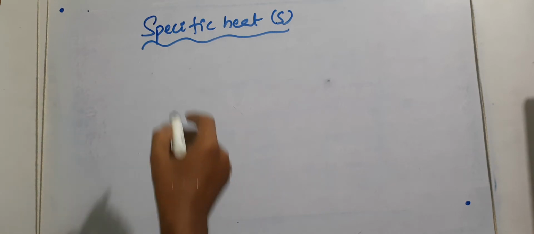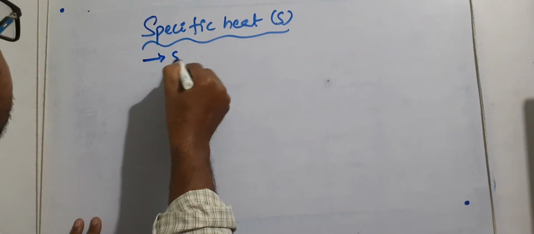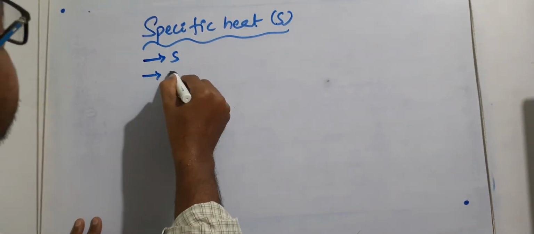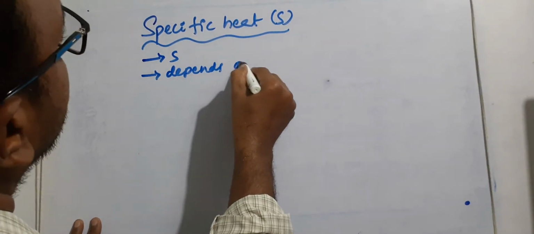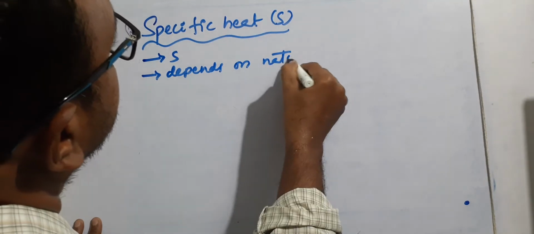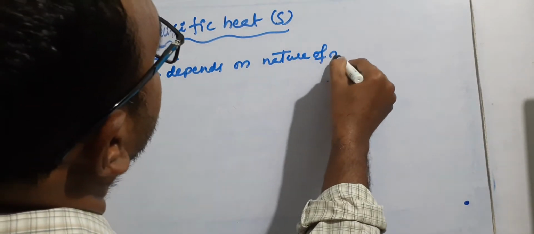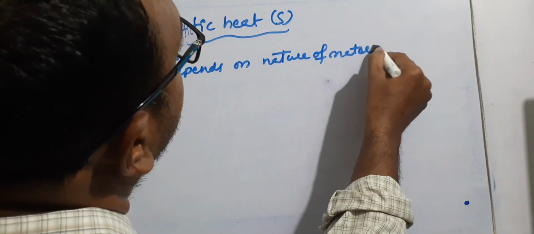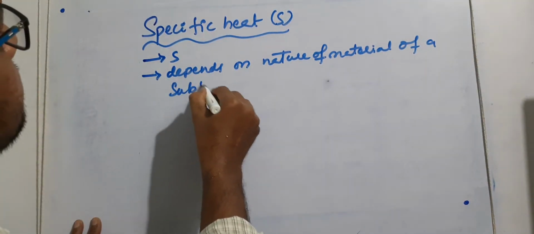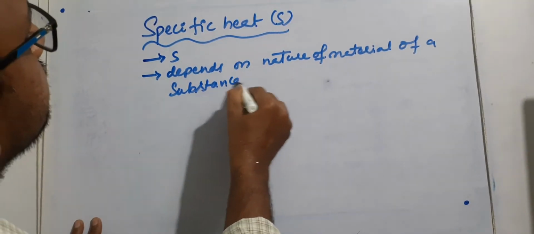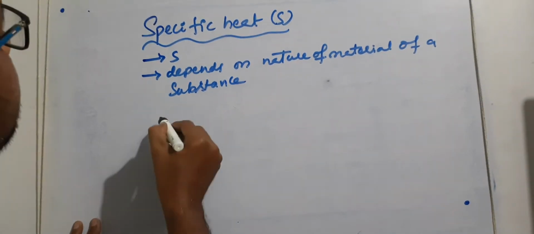Specific heat is denoted by the letter S. It depends on the nature of the material of a substance. So it is given by the formula.